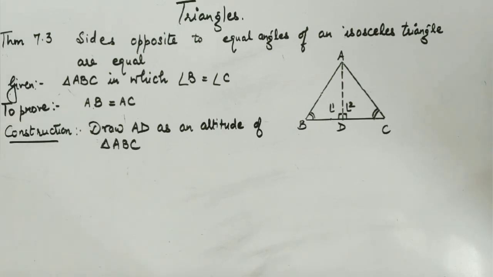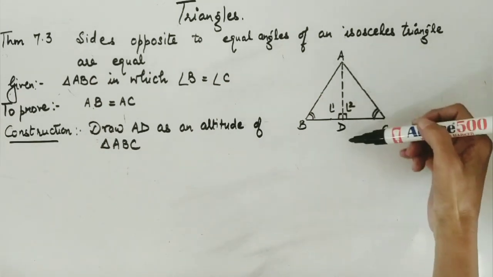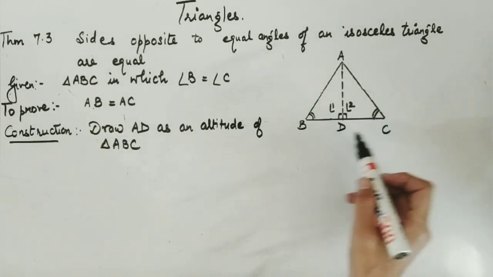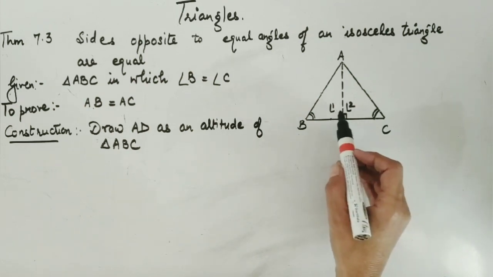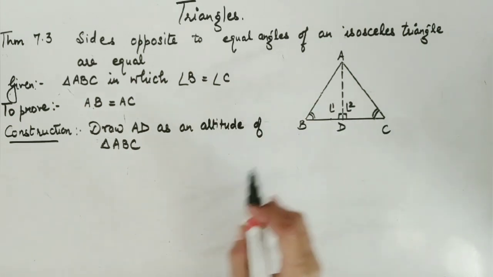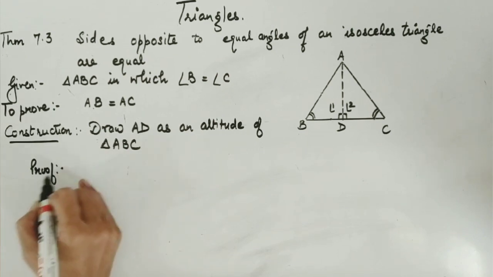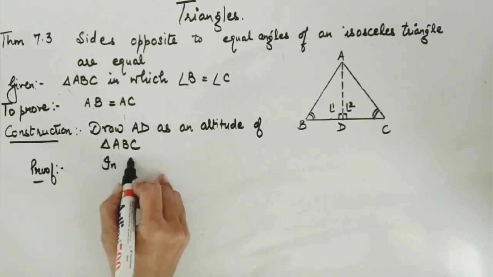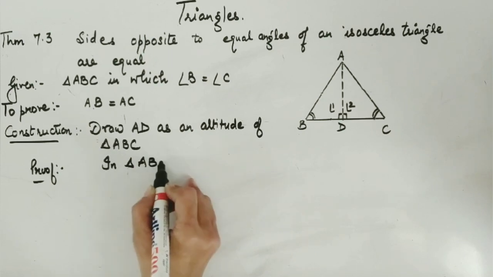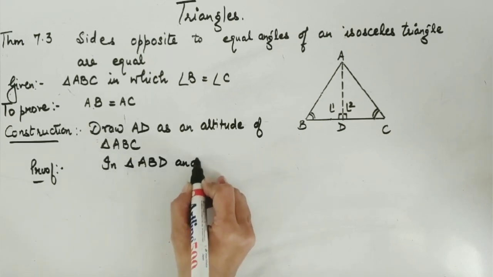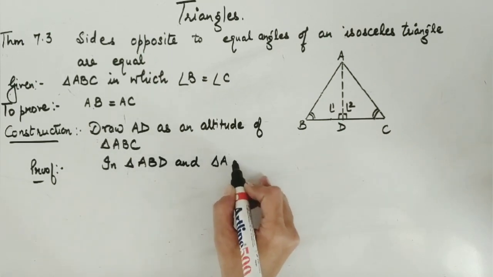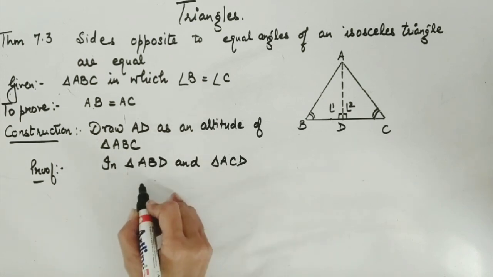Construction, let's continue with the same construction. We have taken AD as an altitude or perpendicular on the side BC. So angle 1, angle 2 each 90. So the proof would be two triangles, which are triangle ABD and triangle ACD.